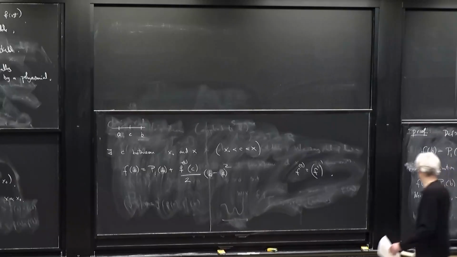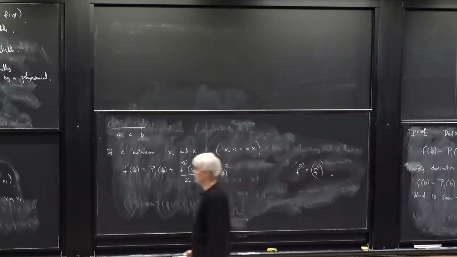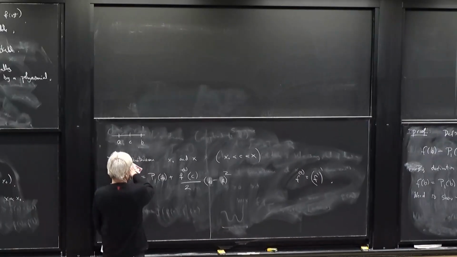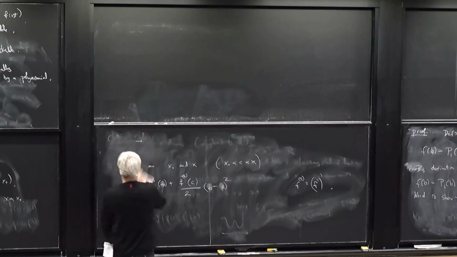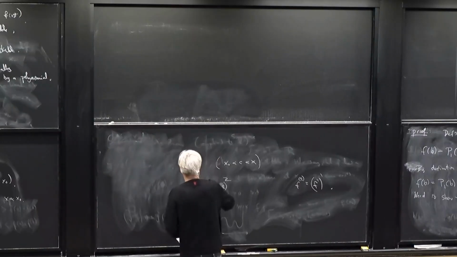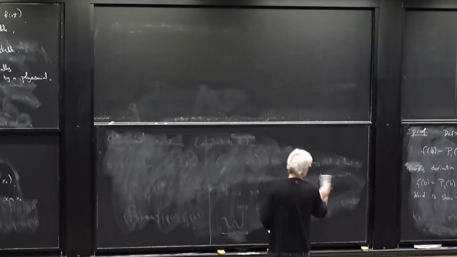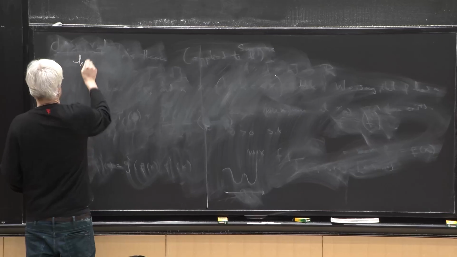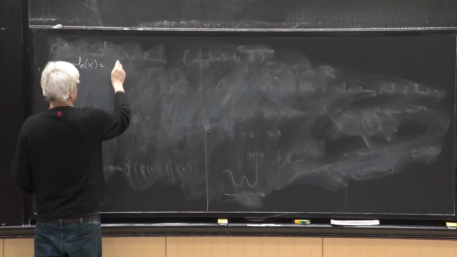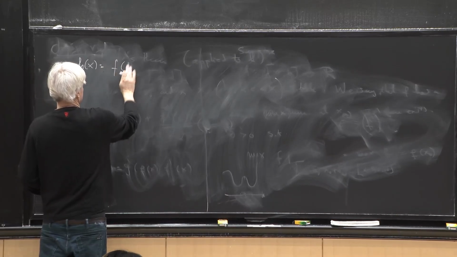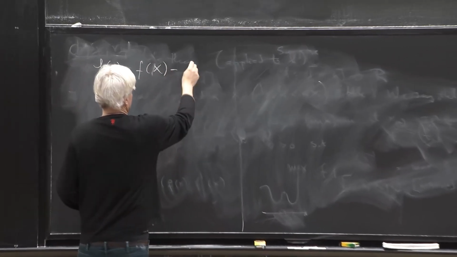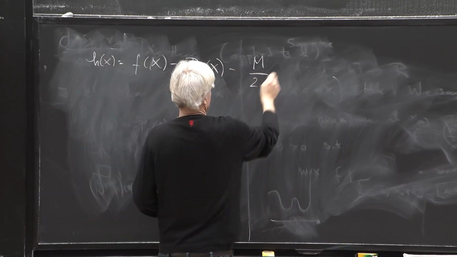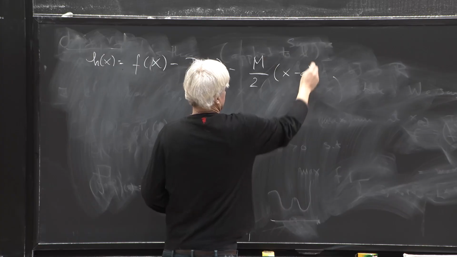And so now we're looking at the function h of x equal to f of x minus p1 of x minus M over 2 times x minus a squared.